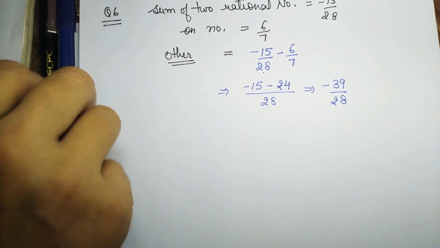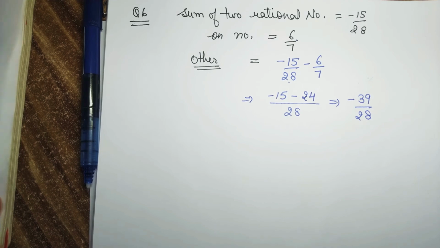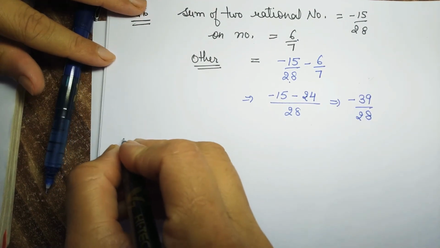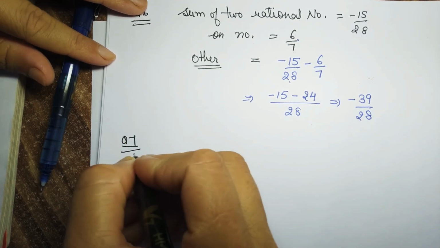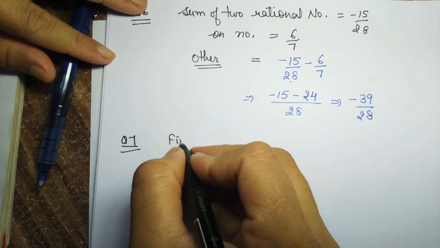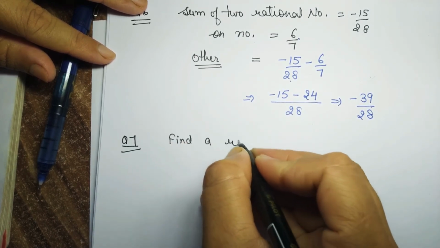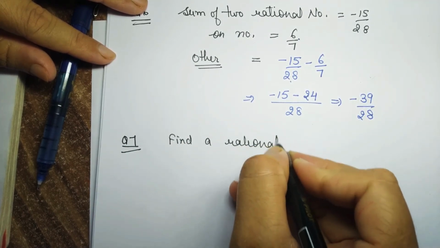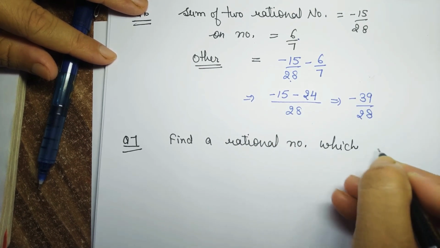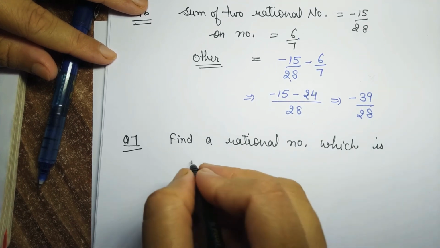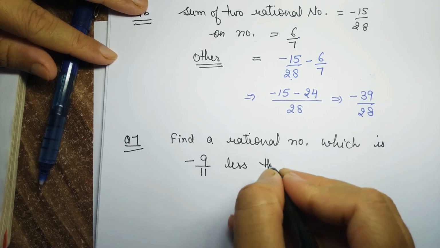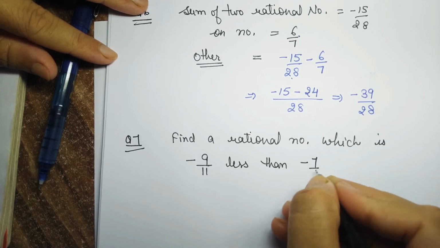Okay students, now move to the other one, question number 7. Question number 7 is also the same kind of question that we have to solve. In question number 7, they told us to find a rational number which is minus 9 by 11 less than minus 7 by 33.